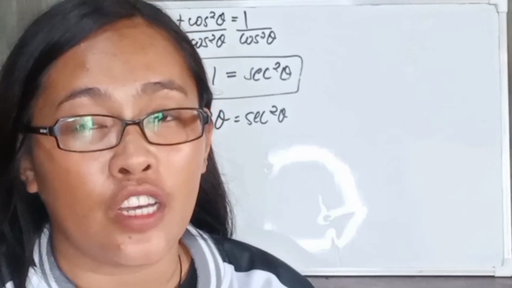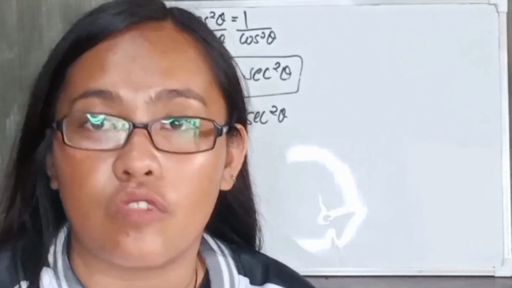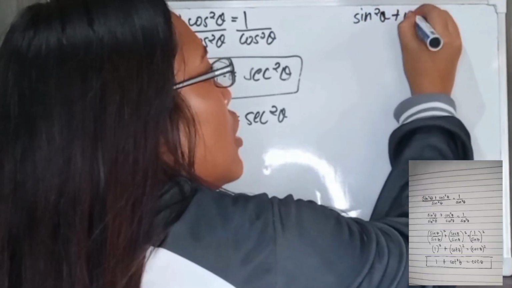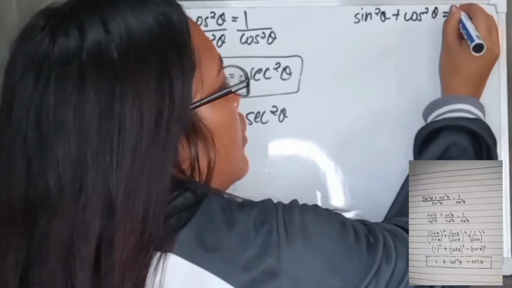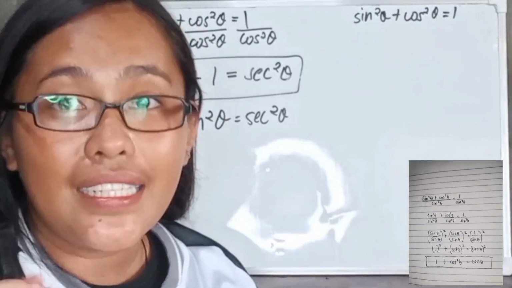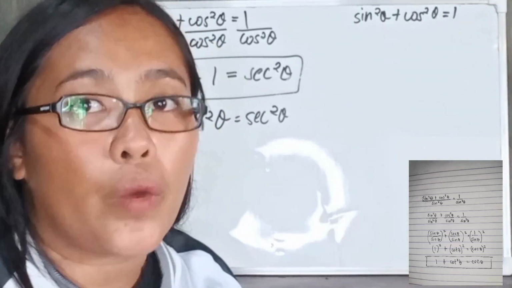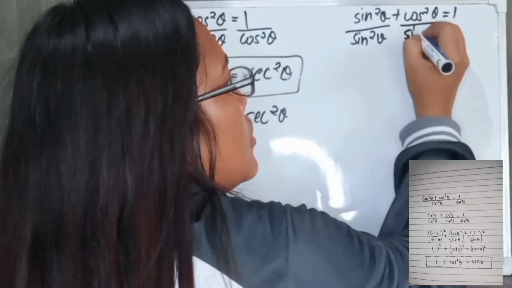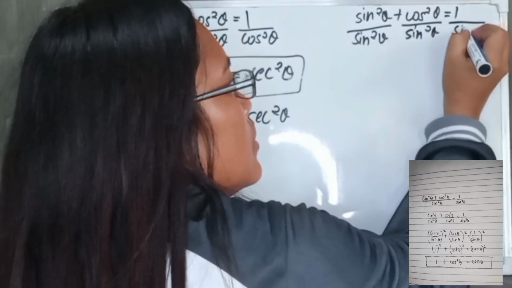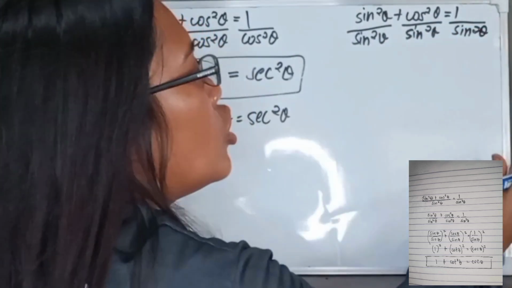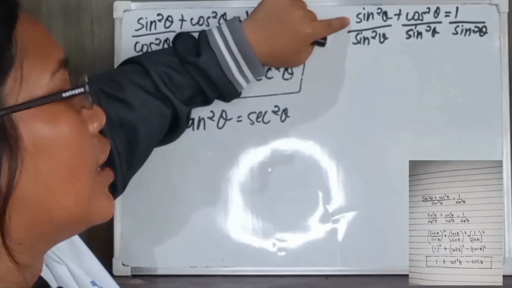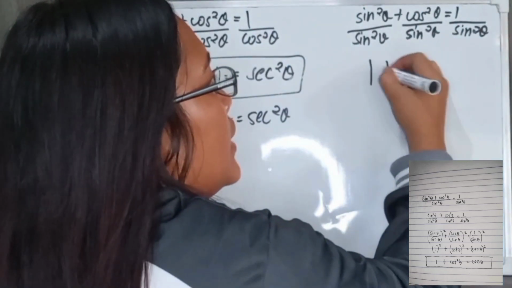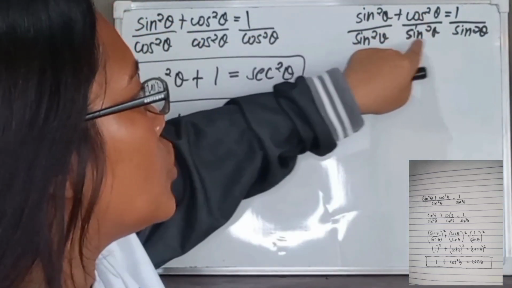And for our third form of the Pythagorean identities, let's do the same thing. Let's start with sine squared theta plus cosine squared theta equal to 1. But let's divide everything by sine squared theta. So we have sine squared theta over sine squared theta, and it is obvious that it is equal to 1. Plus cosine squared theta over sine squared theta.